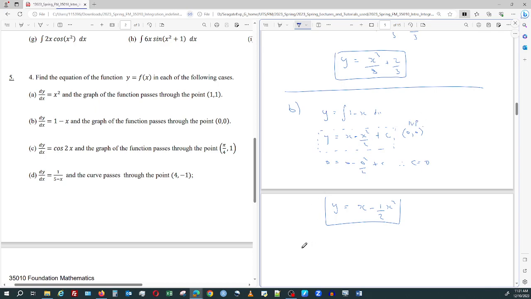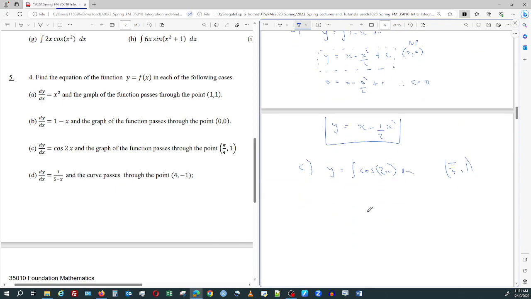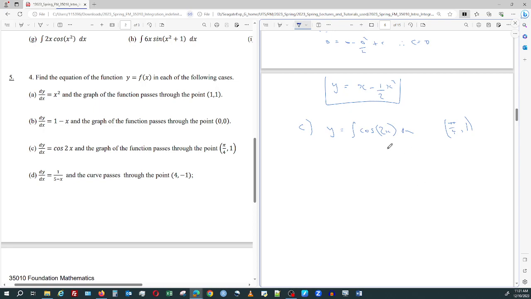Alright, so for part C, y will be the integral of cos 2x dx, and the points of interest are pi on 4 and 1. So we can simply do those. Now this requires a U substitution, doesn't it?